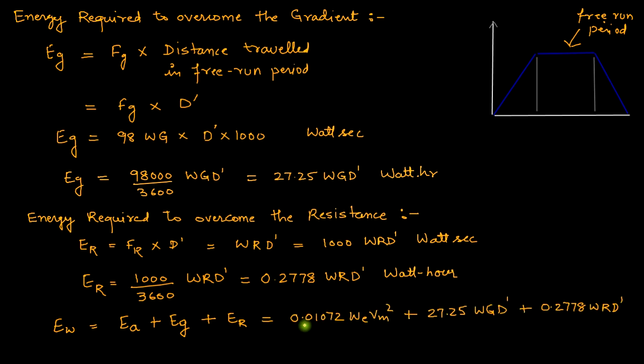This is 0.01072 WeVm square plus 27.25 Wg d dash, which is the energy required to overcome the gradient. This is the energy required to overcome the resistive forces, and this one is the energy required for acceleration. So this is the total energy output at the axle or wheel.